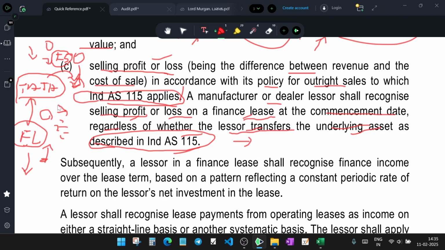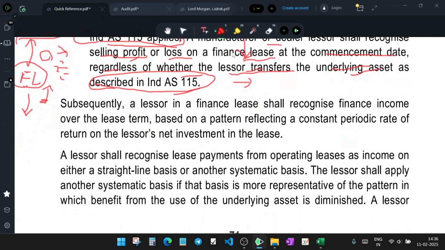How is the receivable going to be considered? The total payments he is going to receive in the future, at present value at the market rate, and today's selling cost: I am going to compare both. From this you say whether it is profit or loss on the transfer of the asset as well, and you should book that. Only then, the profit should be booked at the first stage.